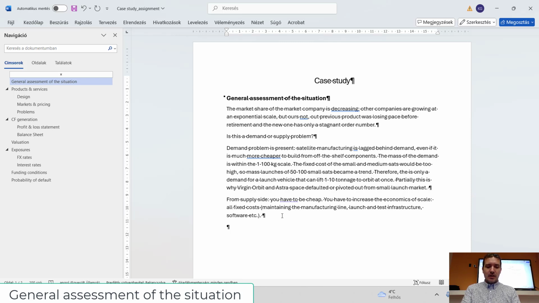Also, variable costs can be kept low if we are reusing things. Is it decreasing the manufacturing cost or not? Obviously it will decrease because we need less raw materials.